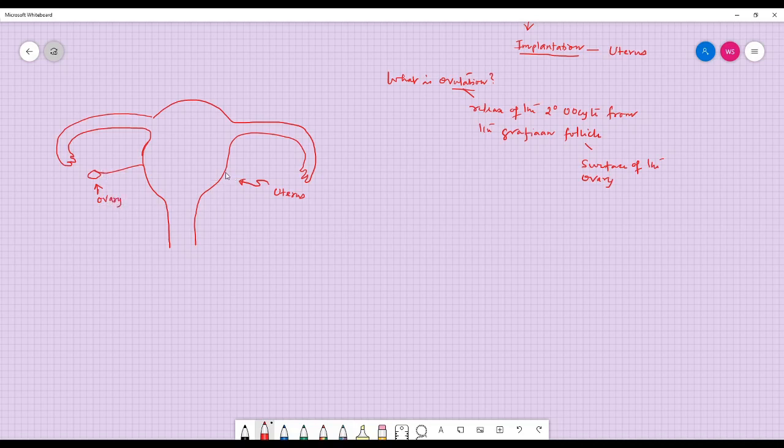Because it's bilaterally symmetrical, you can have an ovary there, and the ovary releases the ova.